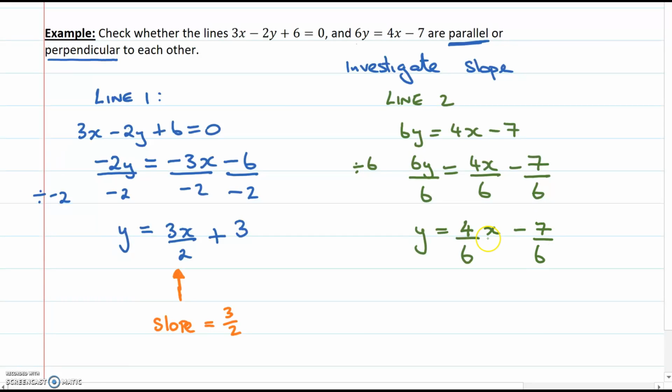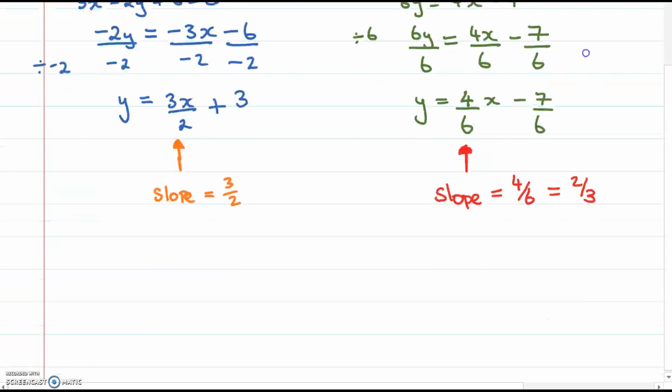Once you've got y on its own, the slope is the bit that's attached to x. So the slope here is 4 over 6, and if you reduce that, dividing top and bottom by 2, you get 2/3.